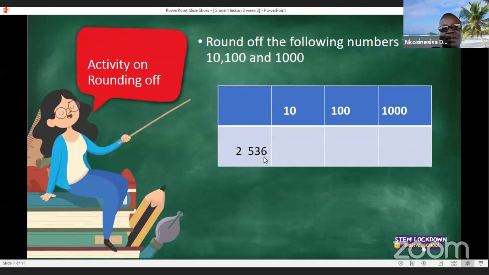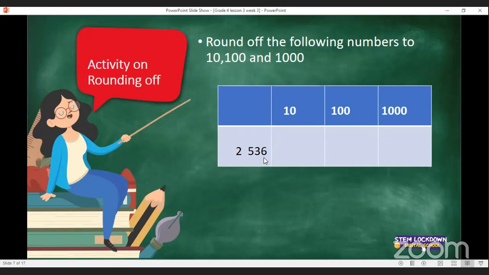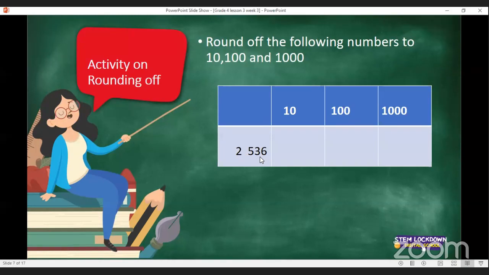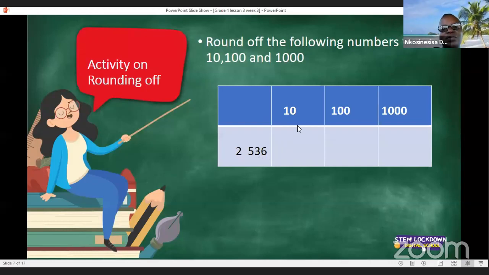What is the place value of 6? Is it hundreds? Is it tens? Is it units? It is units. It's units. And then 3 is tens. And we are rounding off to the nearest what?